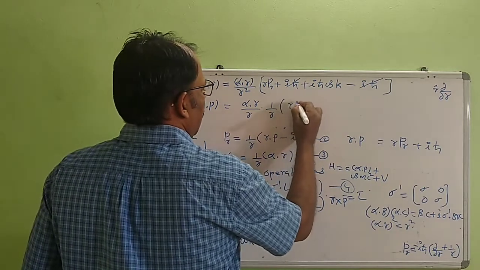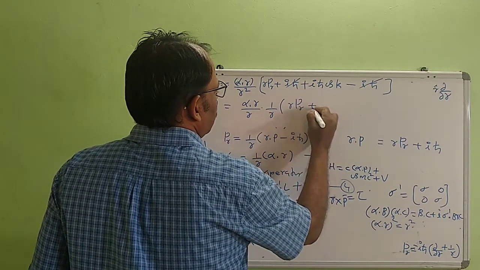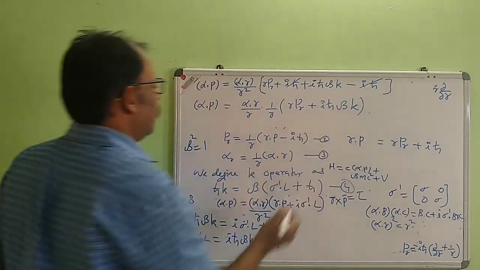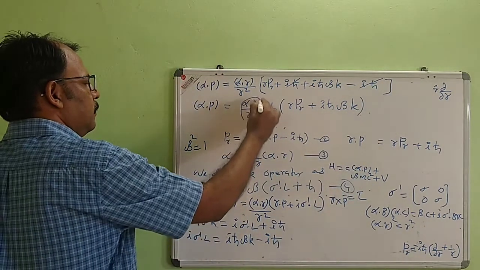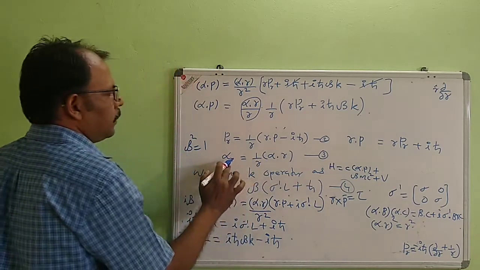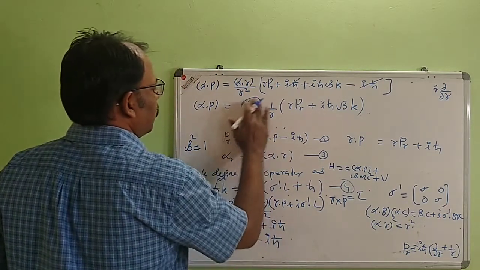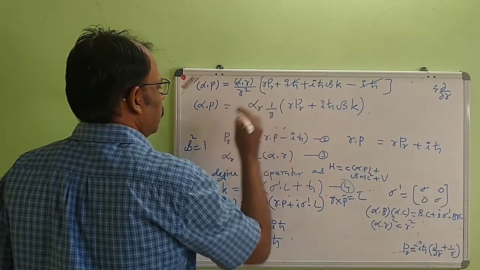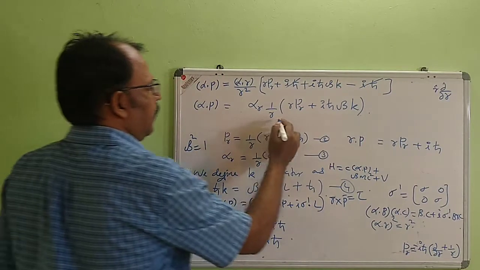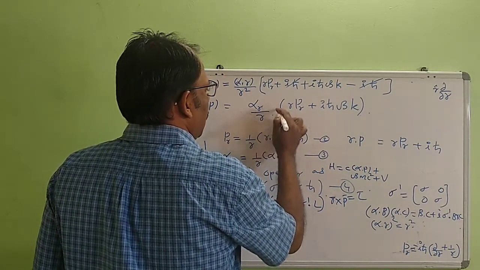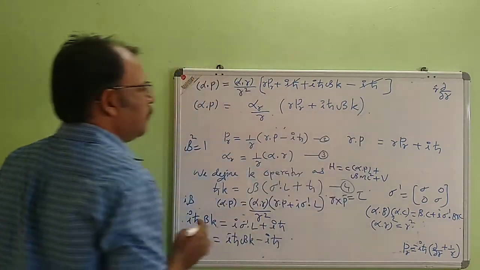Then RPR plus i h bar beta k. Now what is alpha dot R by R? Alpha dot R by R is the velocity operator alpha R. So this alpha dot R by R, I am writing as alpha R. So this is alpha R by R into RPR plus i h bar beta k.